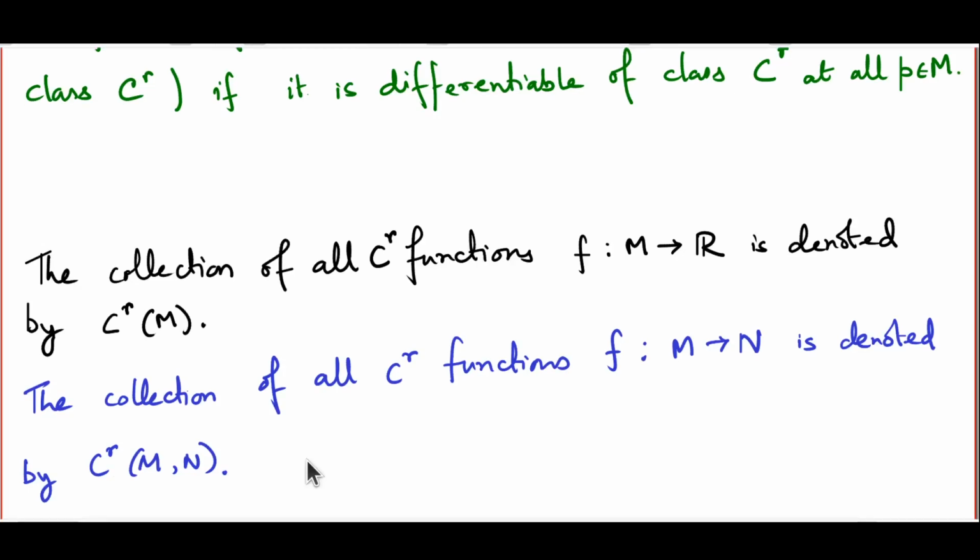Now, among all of these collections of differentiable functions, C^R(M) is somewhat special. That's basically because of the fact that here all the functions map onto the real line, which means it's very easy to add the results which the functions produce and to multiply them.